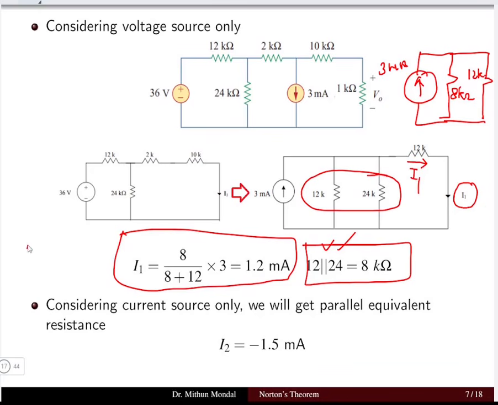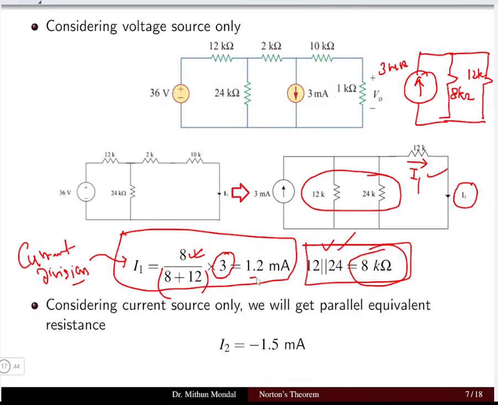So we can apply the current division rule. Now you see how we are moving from one theorem to another. We started from Norton's theorem, then moved to superposition, then source transformation, and now current division. Using the current division rule, the current flowing here is the source current, 3 milliampere, multiplied by, in the numerator, the resistance which is in parallel, that is 8 kilo ohm, divided by the sum of the resistances, that is 8 plus 12.